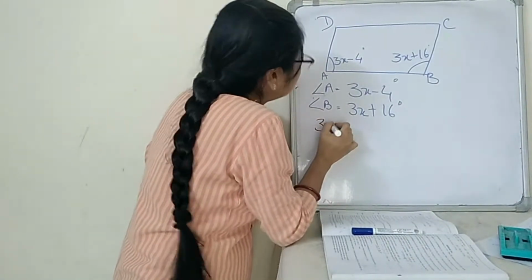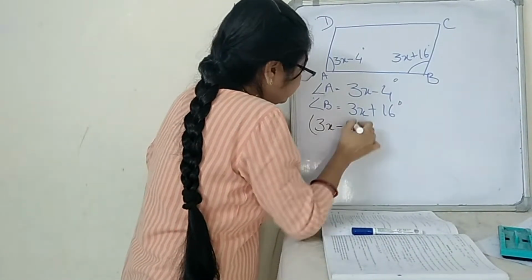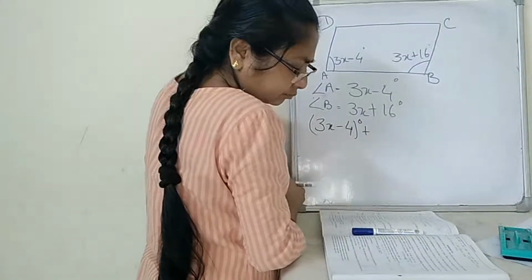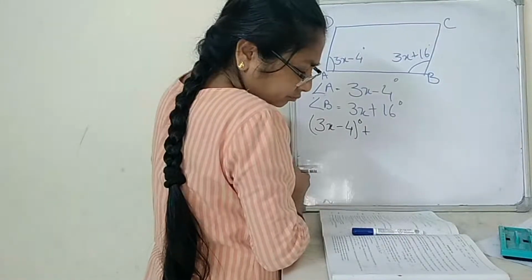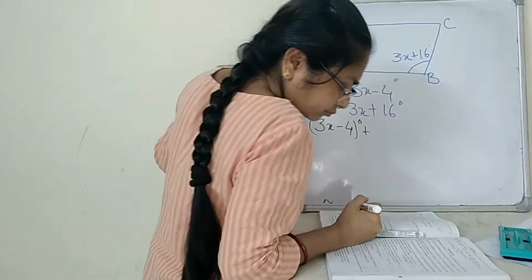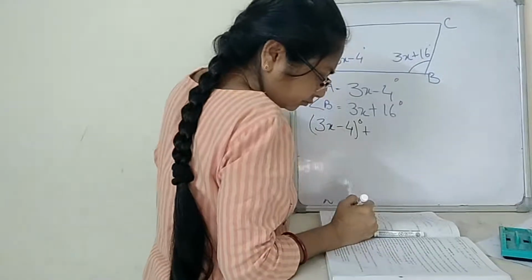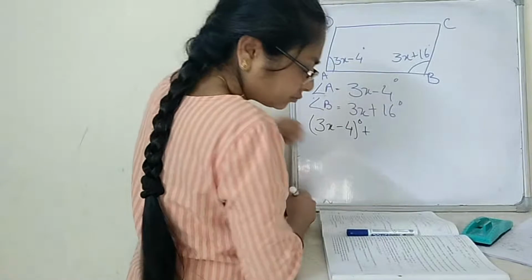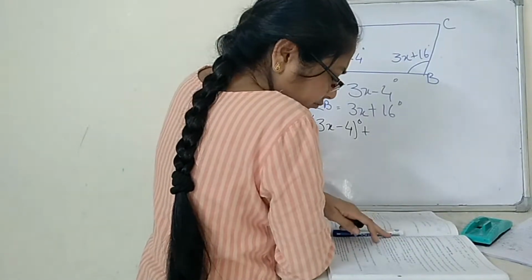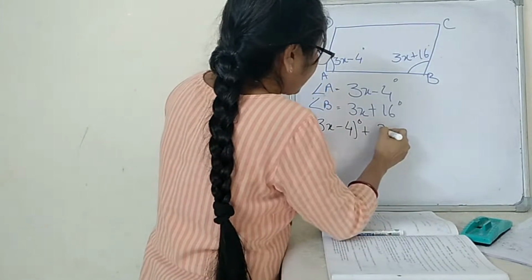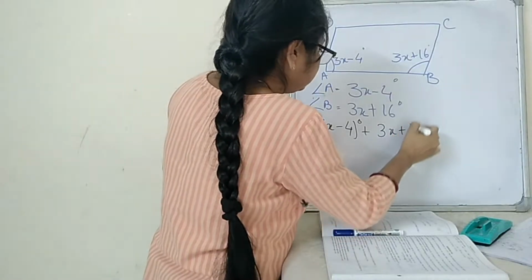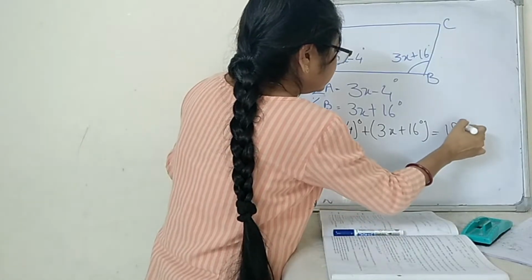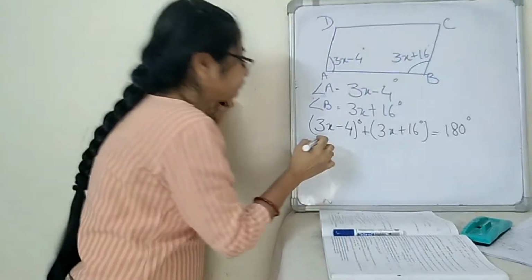3x minus 4 plus 3x plus 16 equals 180. I just solved it.